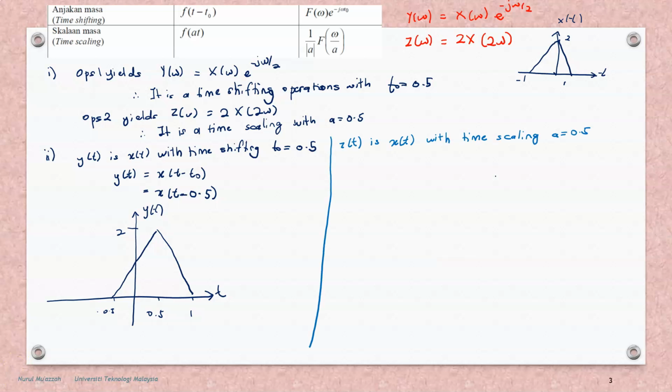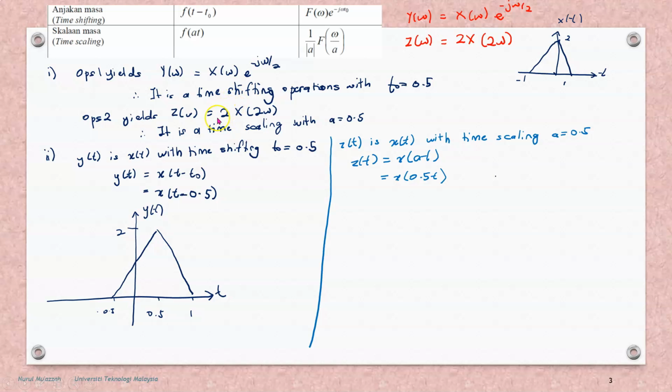Next is z(t). z(t) is x(t) with time scaling a equal to 0.5. So z(t) is equal to x(at), which is equal to x(0.5t). If you perform a Fourier transform for z(t), you will get Z(ω) equal to 2X(2ω).